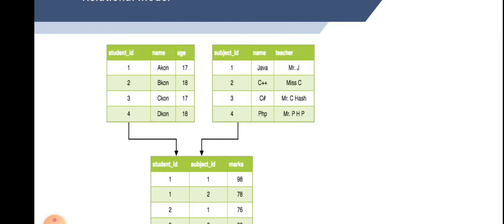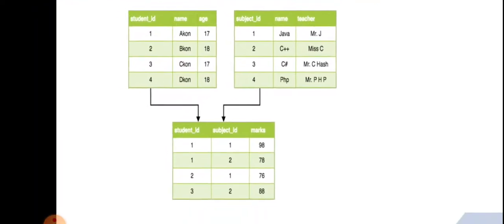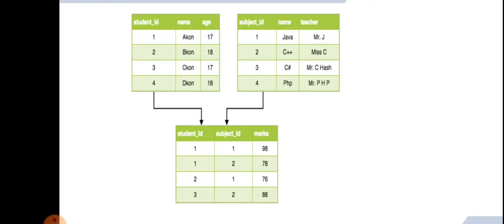In one table there will be a student id, and in another table there will be a subject id. With the help of student id and subject id we can make a marks table. So that's the use of relational data.